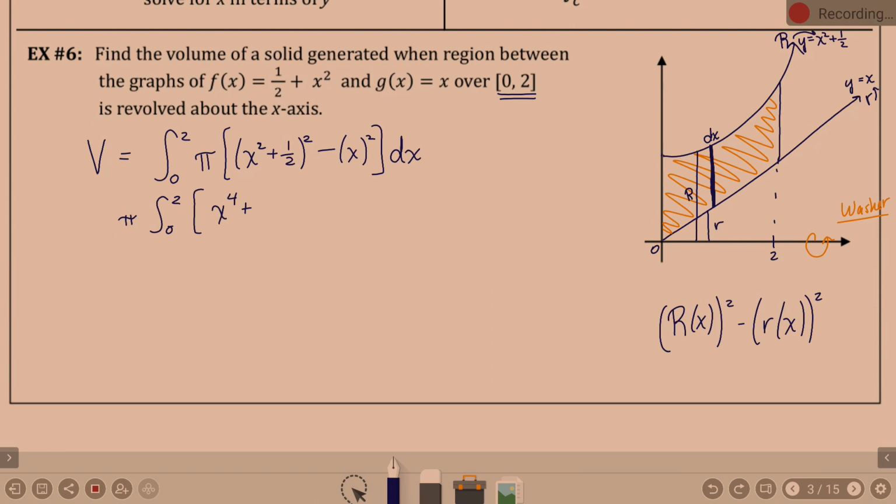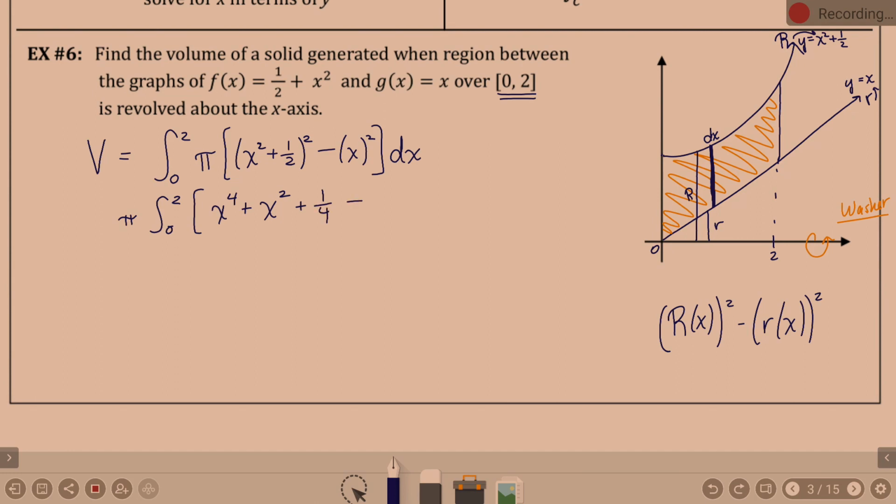It doesn't matter. X squared times x squared is x to the 4th. Outsides: x squared times 1/2 is 1/2 x squared. Insides: also 1/2 x squared. What's 1/2 x squared plus 1/2 x squared? x squared. Plus, that was outsides and insides. What's last? 1/2 times 1/2, which is 1/4.